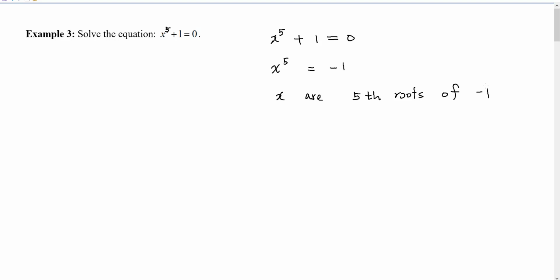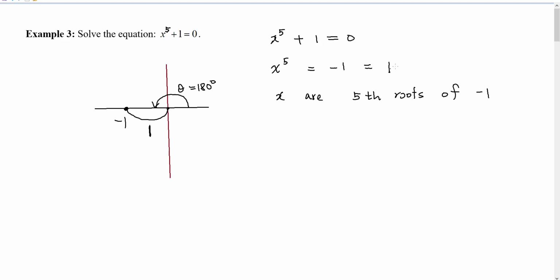Now, of course, negative 1 in complex polar form means your complex point is on the negative x-axis. Since your complex point is negative 1 over here, the angle theta is 180 degrees. And the distance from 0, 0 to the complex number, which is the absolute value of the complex number, is 1.